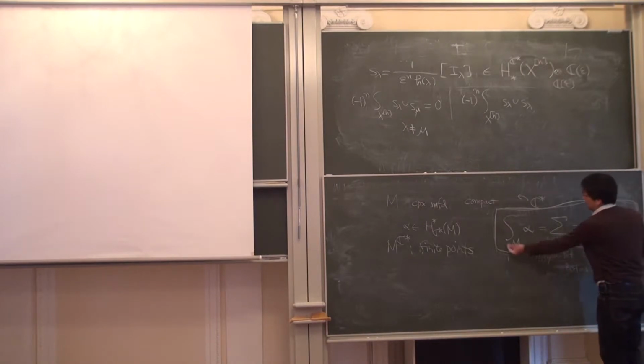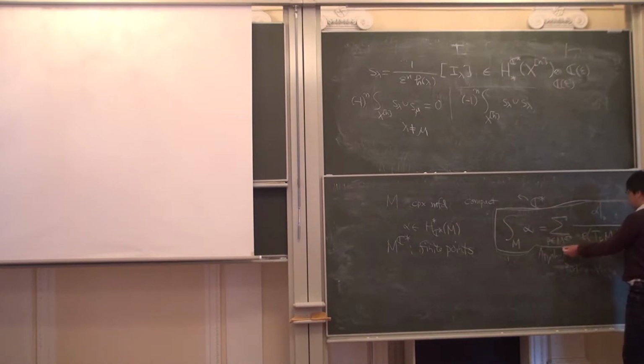So instead of integrating over the space, you just use the fixed points, which are something analogous to the boundary of an interval. But because the space is higher dimensional, you must correct by this kind of Euler factor.